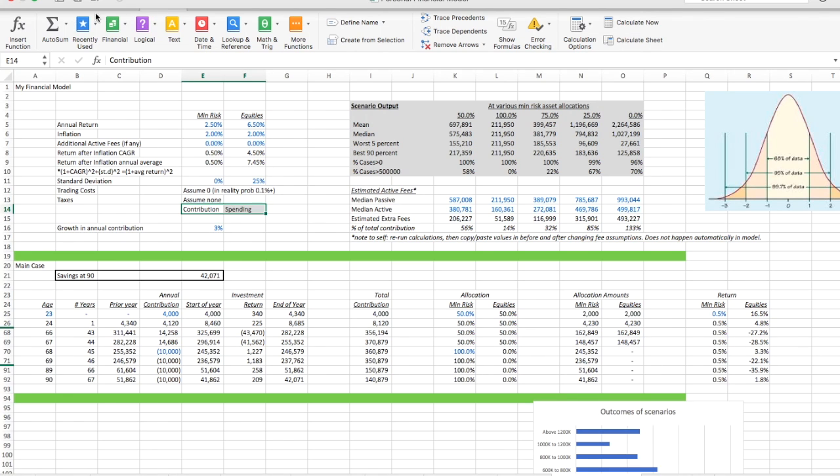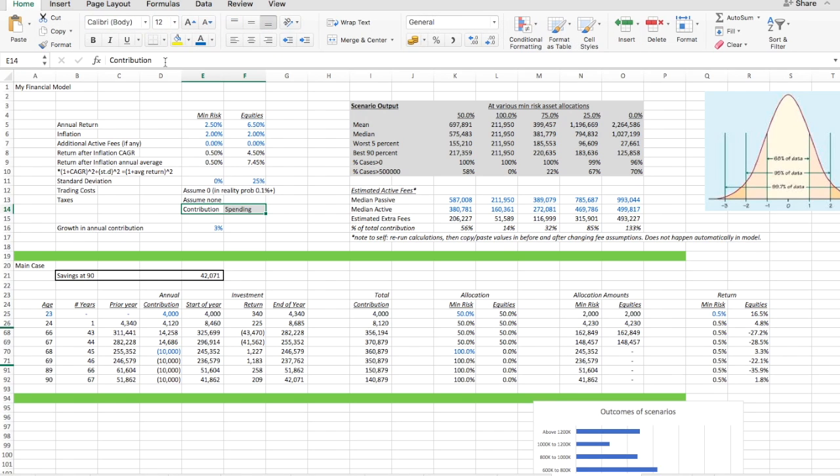We can call it whatever we want. Now let's write a line and underline these, and let's call it expected annual cash flow. And then let's call it expected growth.